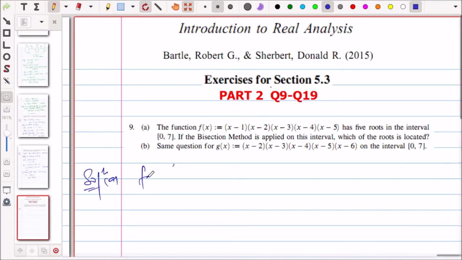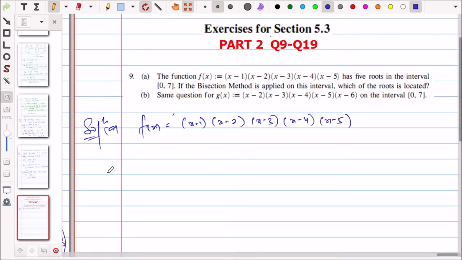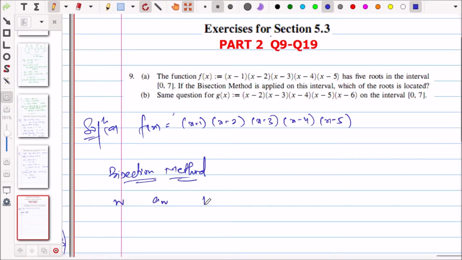Now f(x) is equal to (x minus 1)(x minus 2)(x minus 3)(x minus 4)(x minus 5). We have to apply the bisection method. So let us make a table. In the bisection method we have n, then an, then bn, then pn, the midpoint of an and bn, then we have the sign of the function at pn.